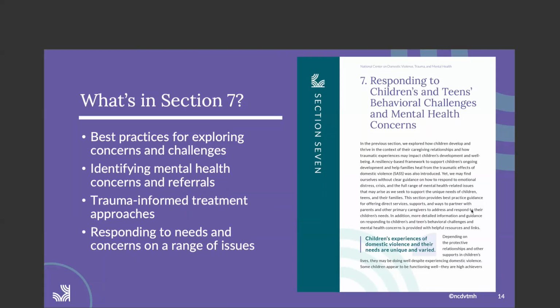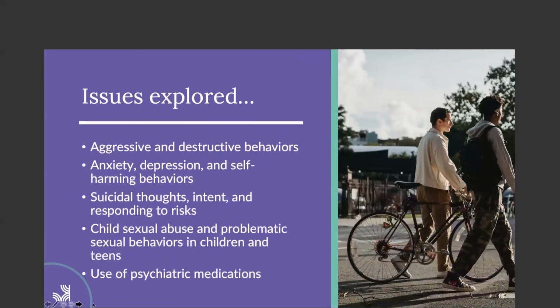And so we share information on researched trauma-informed treatment approaches that we can look for when we are making out-of-agency referrals. So this section also includes some specific guidance on issues and concerns that come up frequently in our work with children and teens impacted by domestic violence. So the next slide gives a little bit more detail specific to topics that are covered.